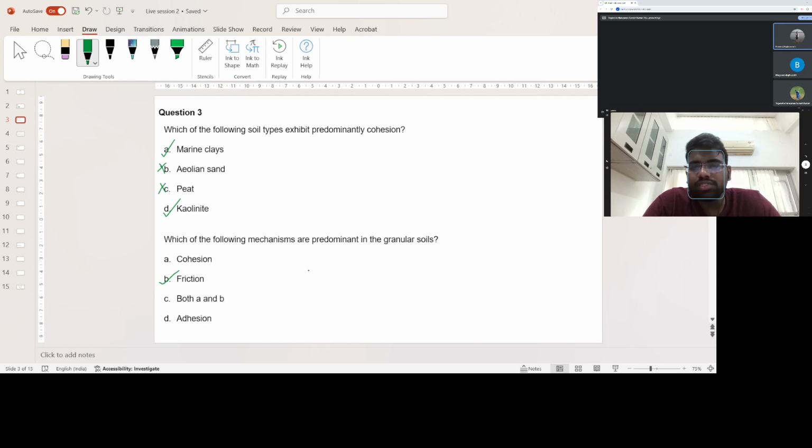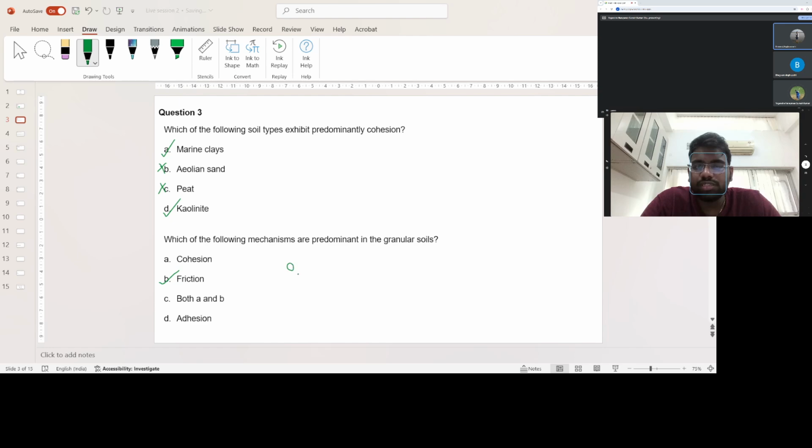In some cases where the granular materials are cemented due to external agents, cementation exists between the granular materials. In the last week's discussion, I introduced you to microbially induced calcite precipitation.